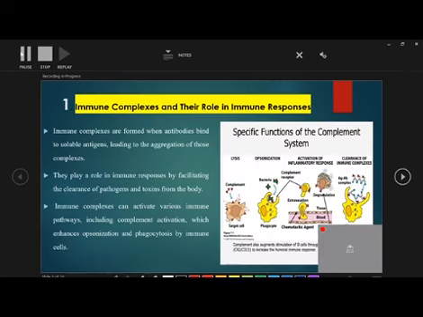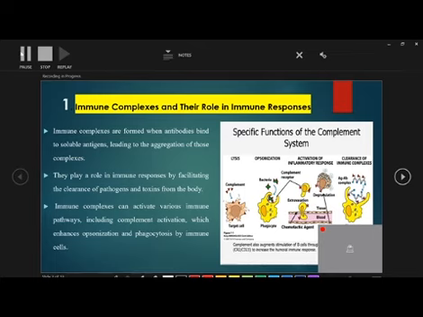So immune complexes, by definition, are formed when there is interaction between the antibodies and antigens, leading to clumping or agglutination. Those clumps that are formed are immune complexes. They have several roles in immune responses, such as the clearance of pathogens and toxins from the body, lysis, opsonization, activation of inflammatory responses, and clearance of immune complexes via phagocytosis.